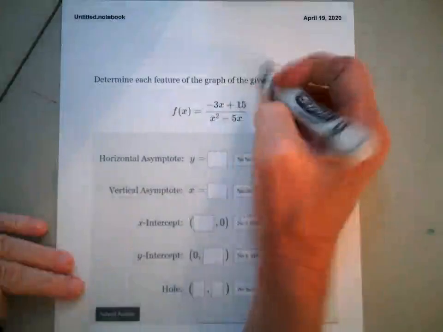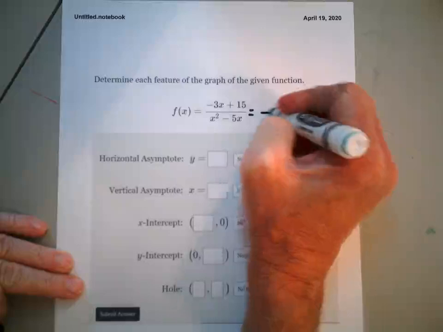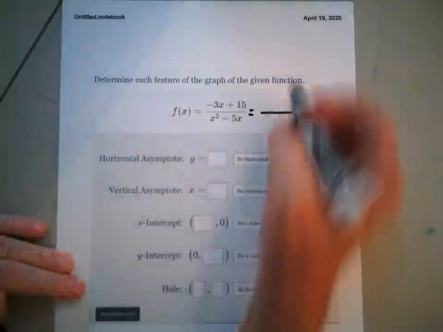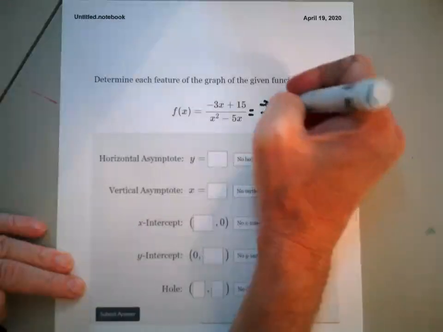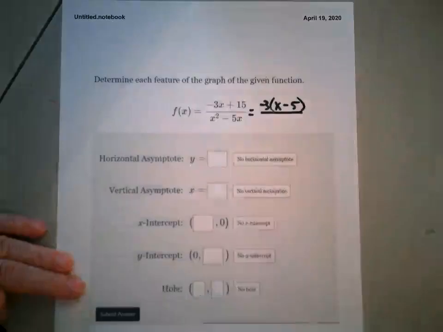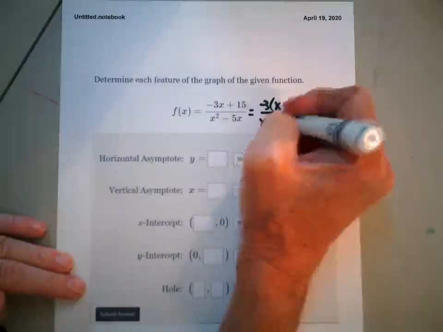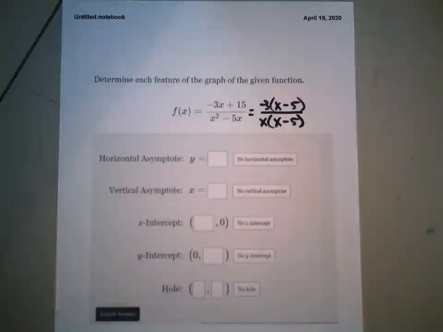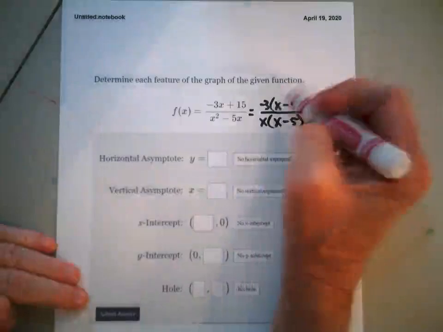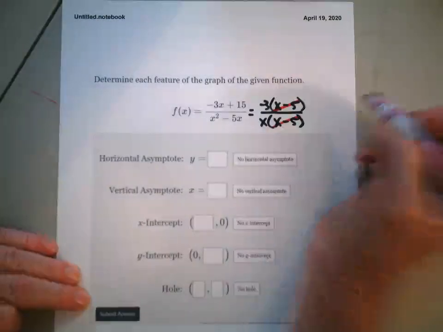All right, so let's factor. We had -3 on the top, followed by an x minus 5. On the bottom, we have an x and an x minus 5. So since something cancels, we got cancellation here.